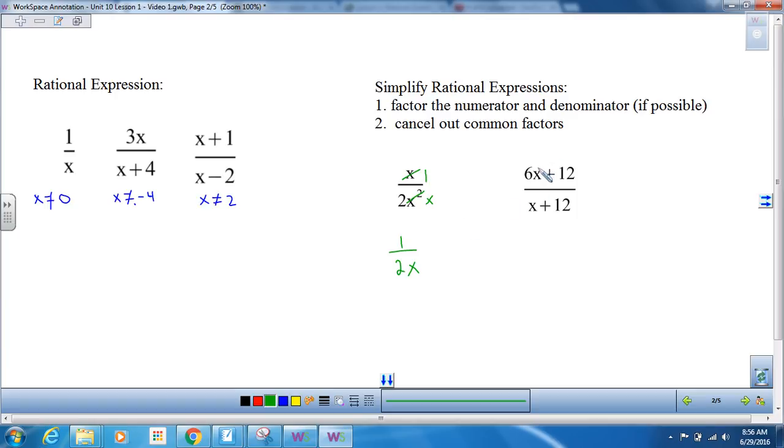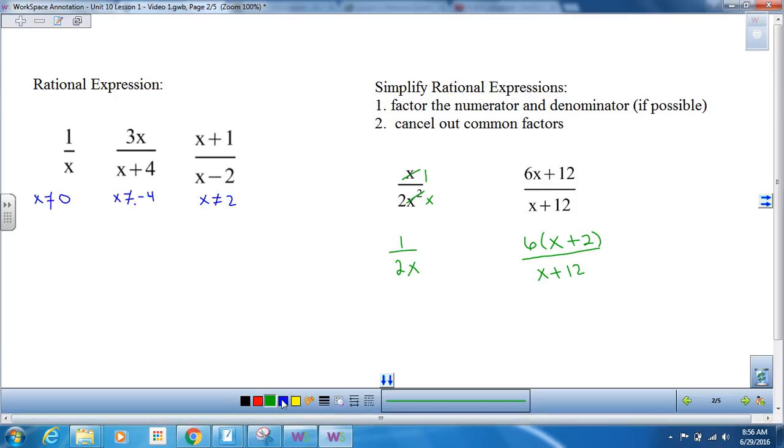Okay, for this one, factor the numerator and denominator. I can factor a 6 out of the top. That's distributive property backwards. And then I have x plus 12 on the bottom.